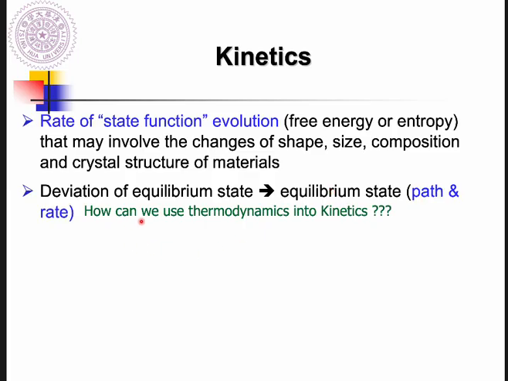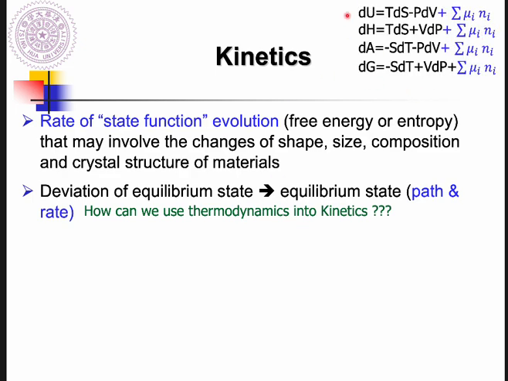But how can we quantitatively describe how fast or how slow this kinetics process is? Are there any equations we can use? Otherwise, if there are no equations we can use, how can we quantitatively estimate?